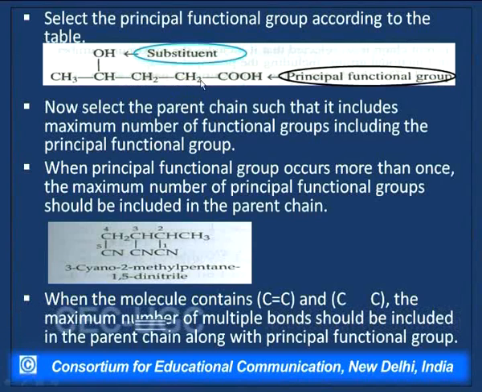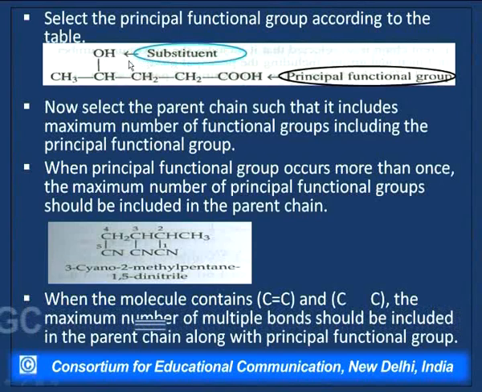So what will I take? This will become my principal group, and I will choose what is written in the suffix column, and that is oic acid. And what is in the prefix column for the OH group, that is hydroxy. So now, since this compound has 5 carbons in it, the name will become 4-hydroxypentanoic acid.